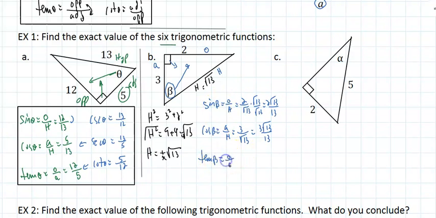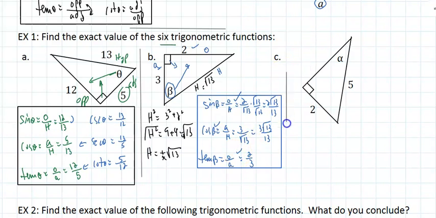That would be the opposite over the adjacent. The opposite is a 2 and the adjacent is a 3. And I'm assuming you could find the remaining ones. Cosecant would be the reciprocal of this. Secant would be the reciprocal of this. And cotangent would be the reciprocal of this.